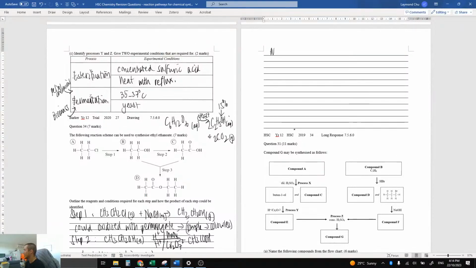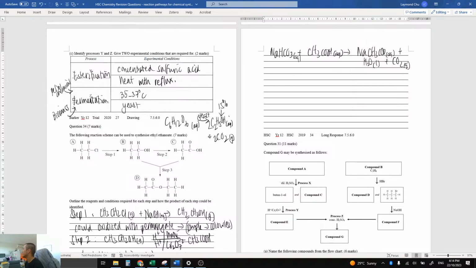Let's write an equation. NaHCO3 plus CH3COOH gives you CH3COONa aqueous plus H2O plus CO2. That balance? That's balanced. Perfect.